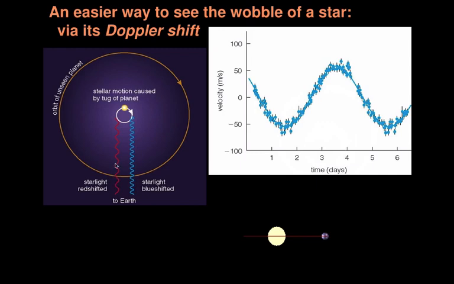As things move away from you, they're going to move towards red wavelengths. They're going to stretch out that light. So what we can do is we can watch for a blue shift or a red shift, and that's going to tell us if this home star in the center is moving. It's the same motion as before, but now seen from the side. So let's watch what that looks like. Now it goes pretty fast.